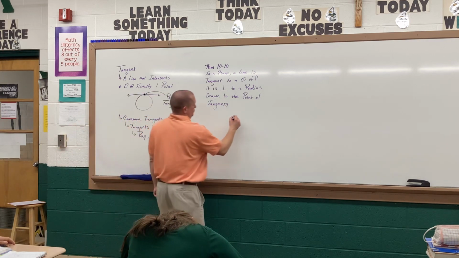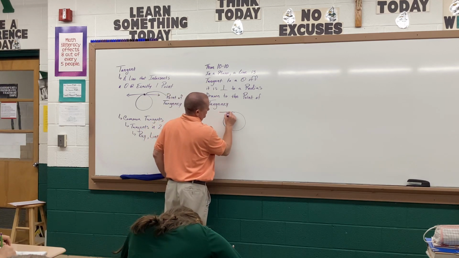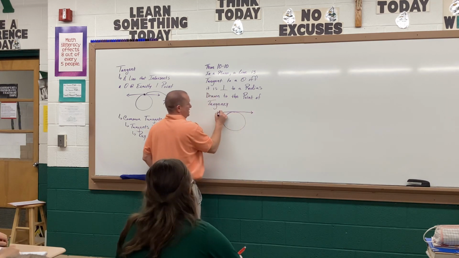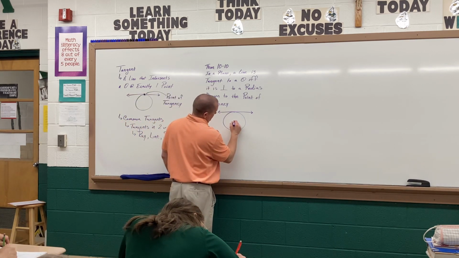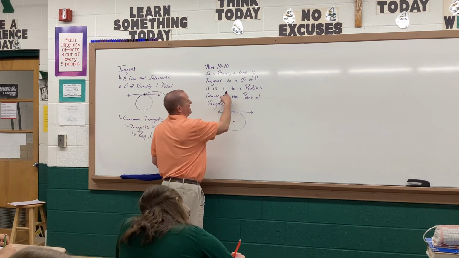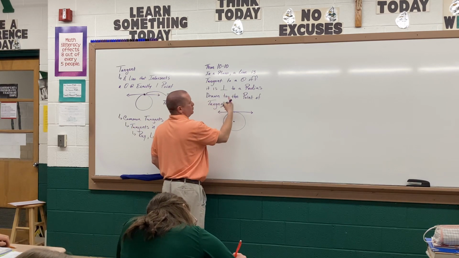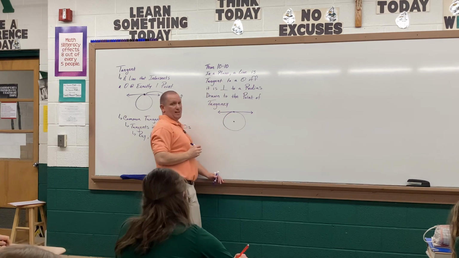Okay, so draw a circle. Draw a tangent across the top. What's a radius again? So try to find your center. And then it says that it has to be perpendicular to the radius drawn. So where's my point of tangency? Wherever that one spot is.